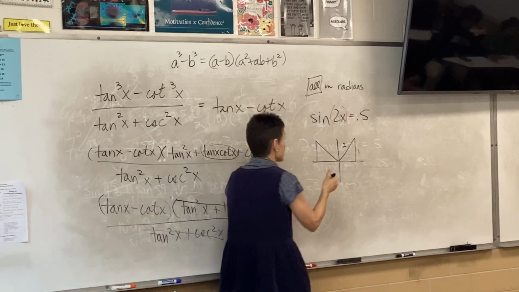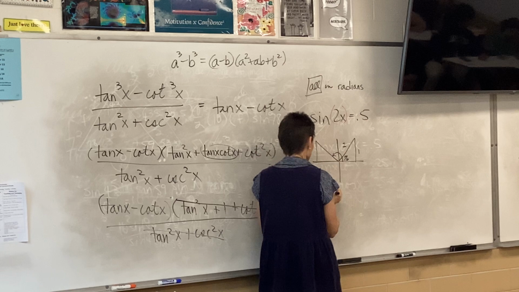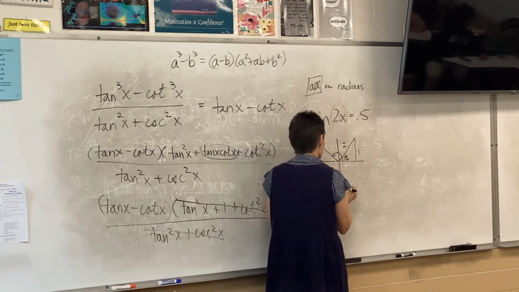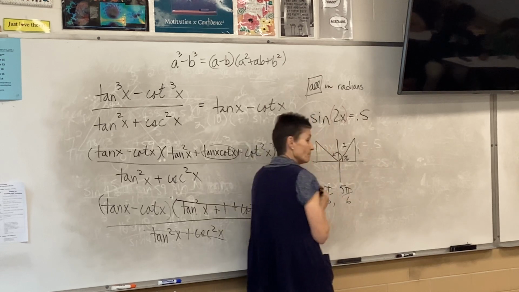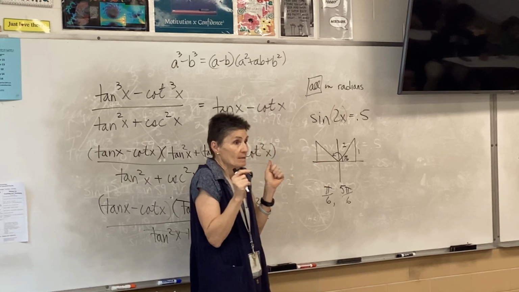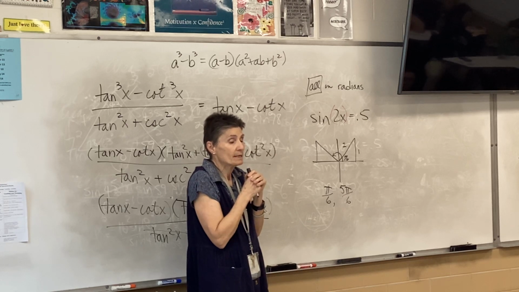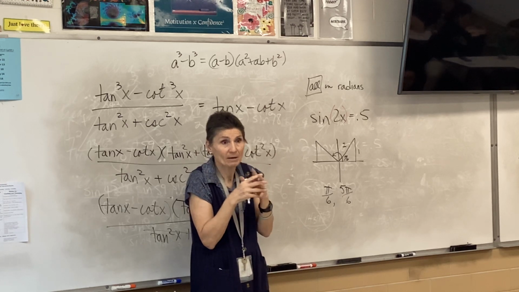Pi over 6 and 5 pi over 6. So George says that whatever name you've given it, the angle that has a sine of 1/2 is pi over 6 and 5 pi over 6.